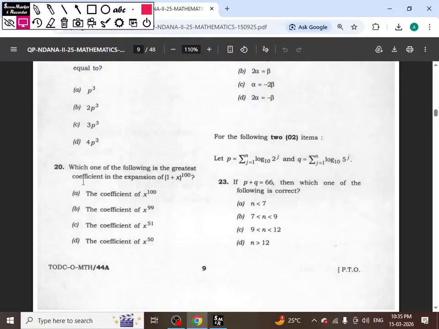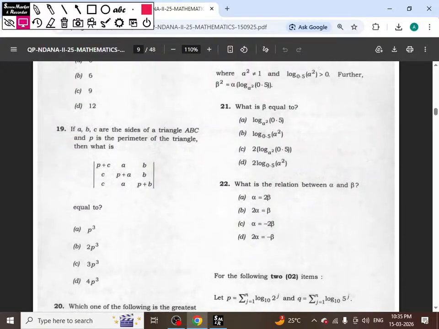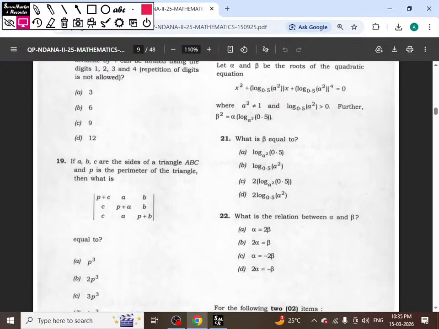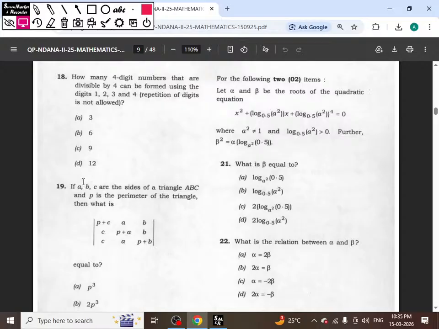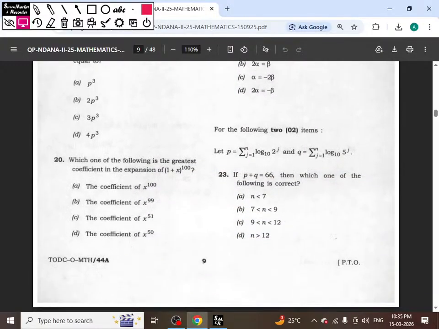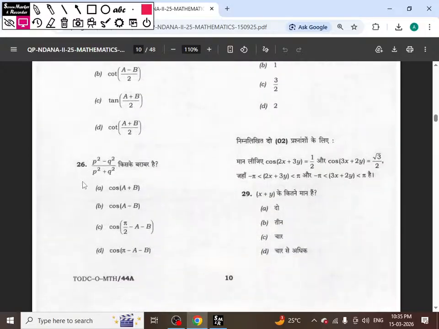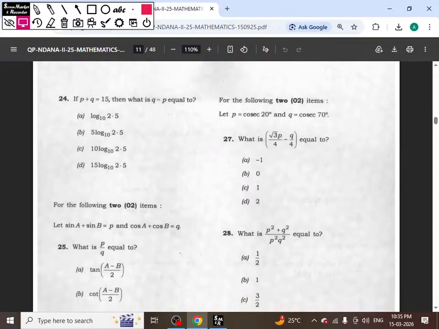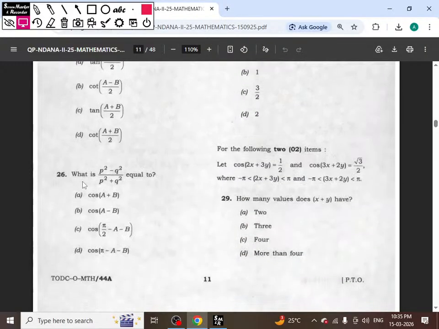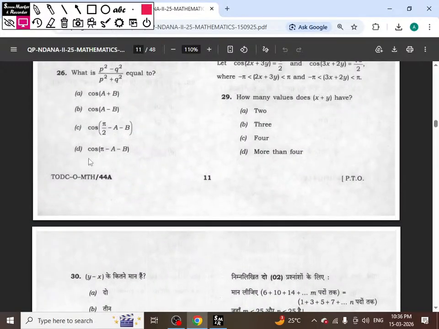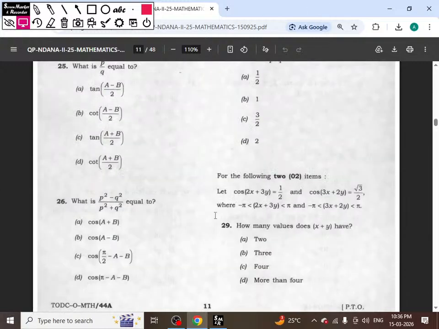Okay, so it is a question of the binomial theorem.